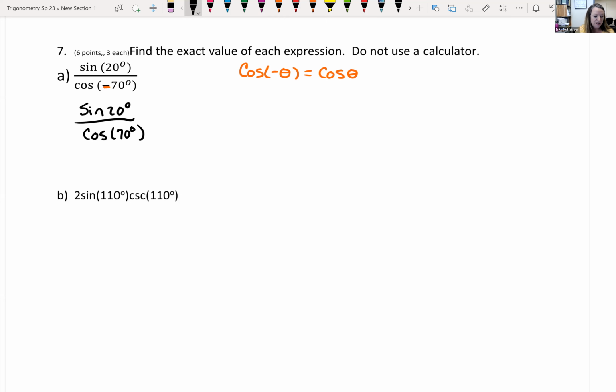So recall that cosine of 90 degrees minus theta is equal to sine of theta. And so if I look at 90 minus 70, that's the same thing as sine of 20 degrees.